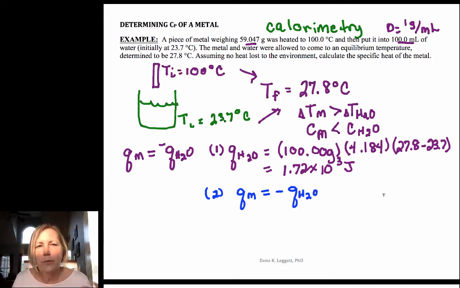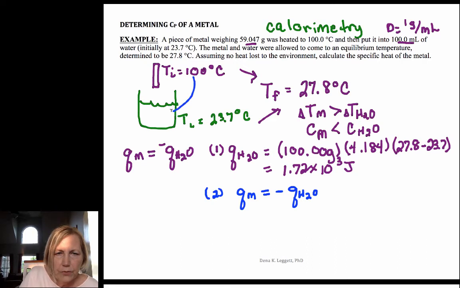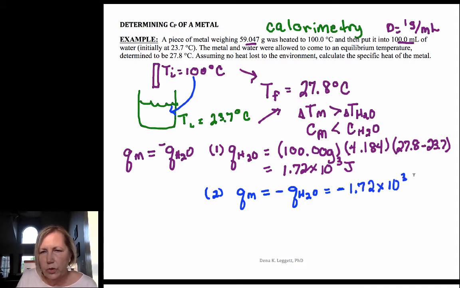Heat transfers from hot into cold until they reach thermal equilibrium. So whatever one loses, the other one gains, assuming a well-insulated system. And so that means I would have minus 1.72 times 10 to the third joules.